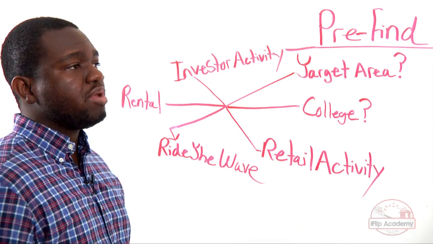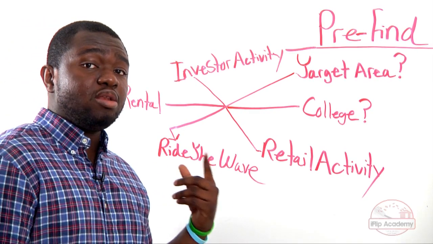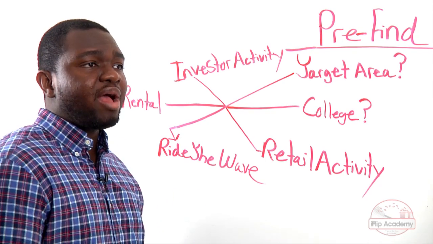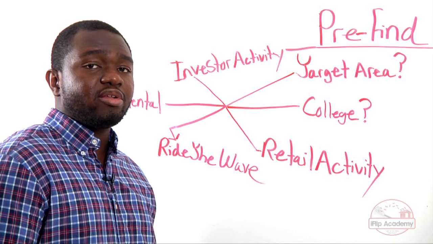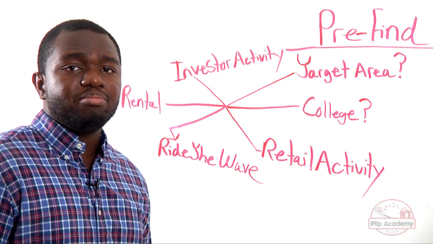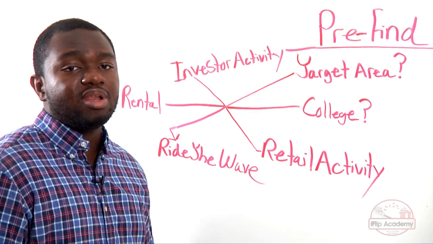If you're ever driving around, these are things you probably already notice subconsciously. You notice in certain areas there's a lot of construction going on, a lot of building going on, a lot of properties being built from the ground up.